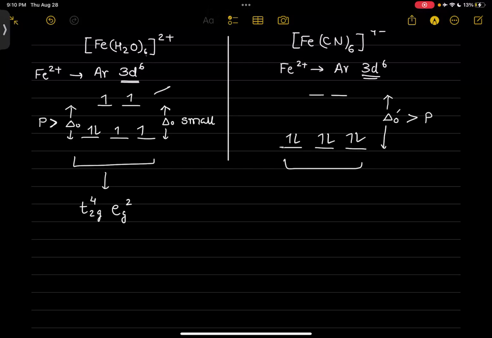There are 2 electrons in EG and 4 electrons in T2G. This other electronic configuration is T2G 6, EG 0, the 3 orbitals of T2G filled. Got it? Is it clear or not? Yes, sir.